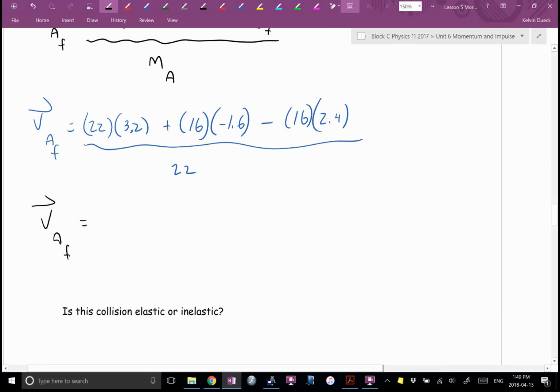What do you get here? 0.29? Positive or negative?